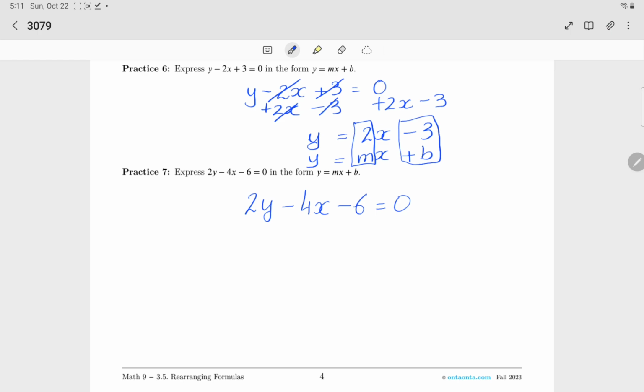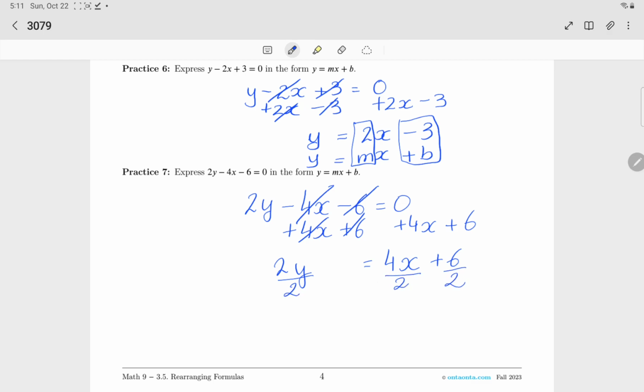Now try practice 7 and check your answer. y equals 2x plus 3.